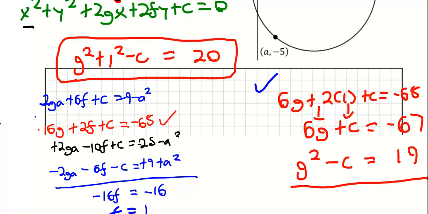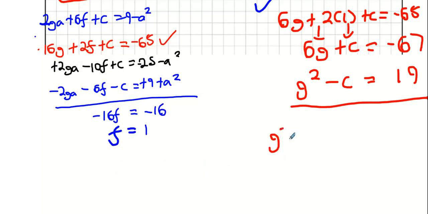So what's going on now? g squared plus what? 6g. Yeah. And what else? g squared plus 6g minus c equals, the c's cancel.